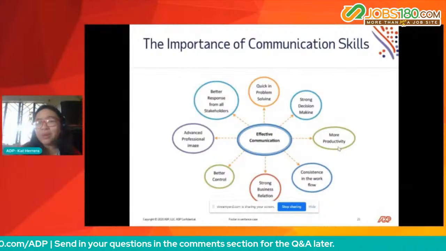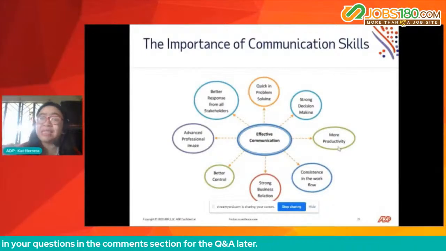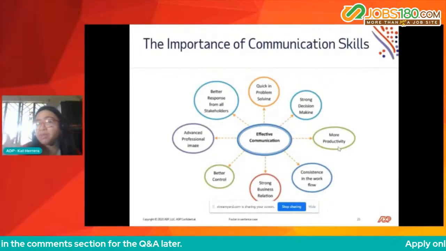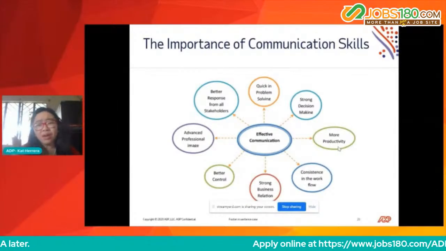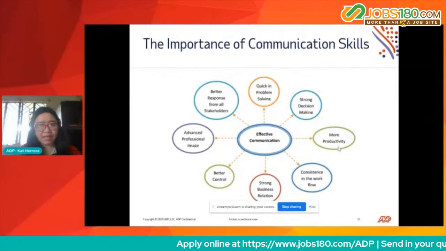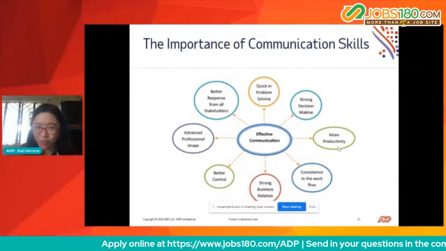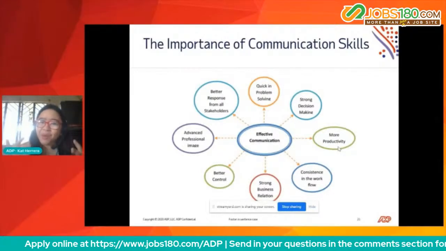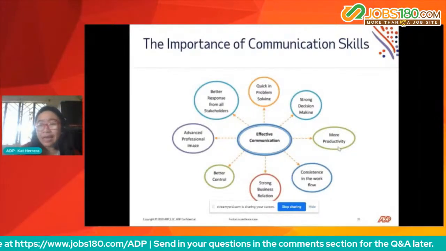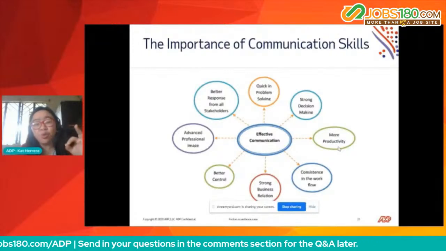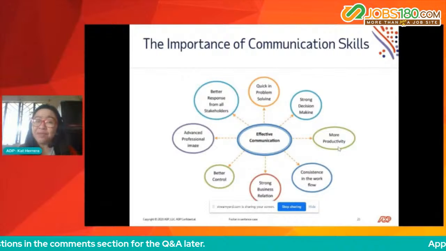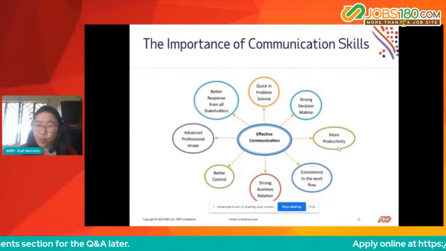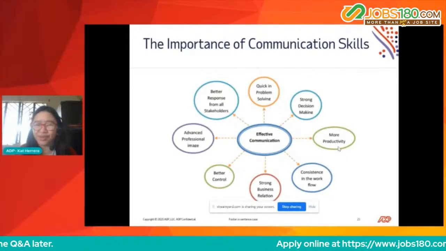You might be missing what the interviewer is saying, and you might misinterpret it or interpret it in a different way. So really focus on the interviewer. Do not just take keywords and then assume what they mean. Really focus, pay attention, and listen attentively because that's how you would be quick in problem solving. That's how you would be able to give the right responses and the appropriate answers during the interview.